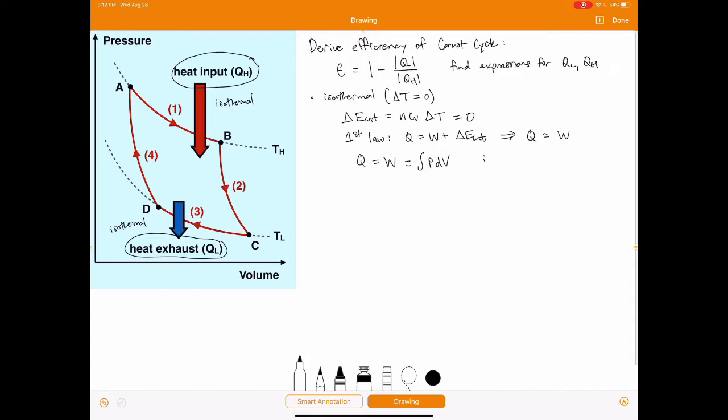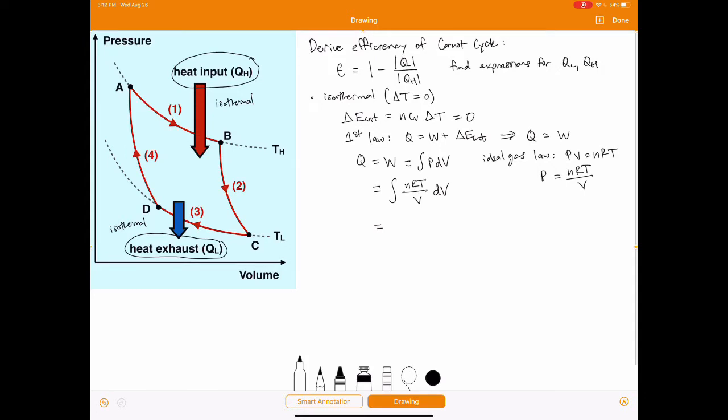So let's look at the ideal gas law, because this will help us evaluate the integral. PV equals nRT, or we can say P is equal to nRT divided by V. So let's put that into the integral. We have nRT divided by V, that's the pressure, times dV.